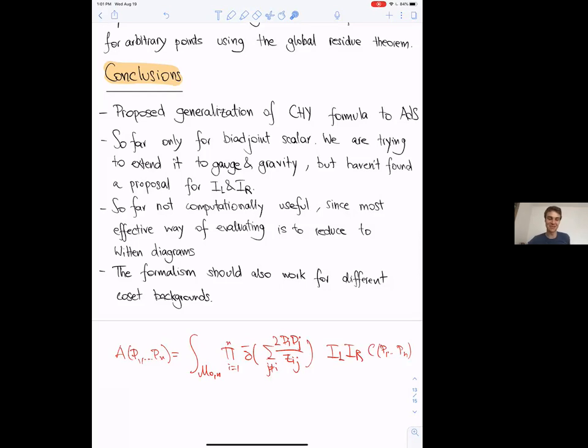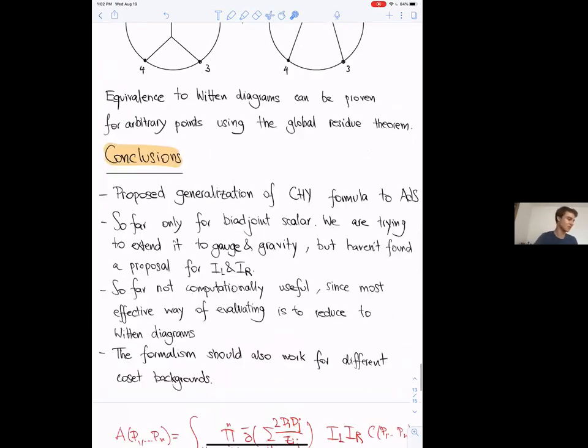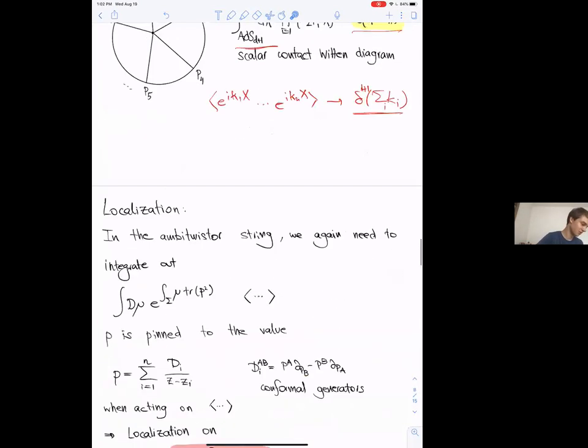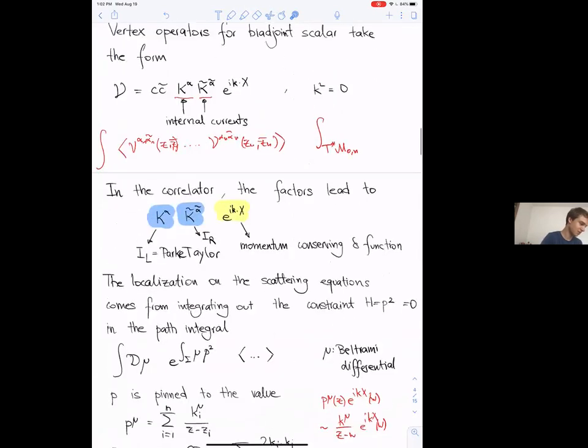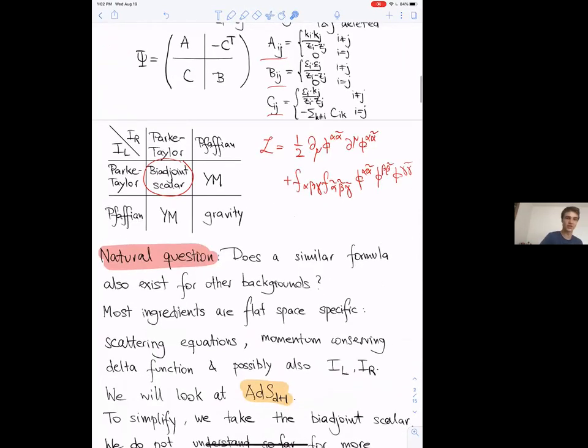It's a big guessing game. So the table that I've shown you in the beginning is considerably bigger. I've shown you the very basic 2x2 table here. There are at least two or three more rows and columns that are known. But it's not like you give me a theory and I give you the CHY formula. I think there's no understanding like that. That would be great, but yeah.